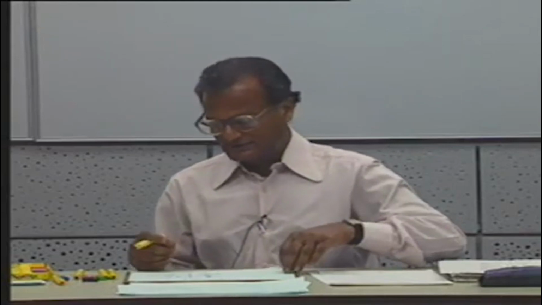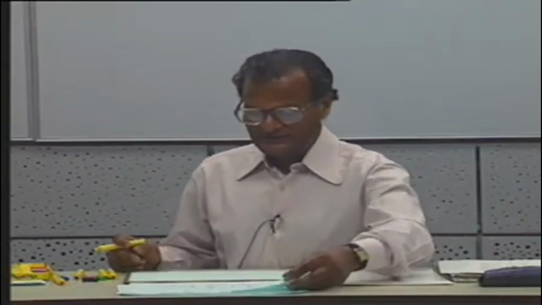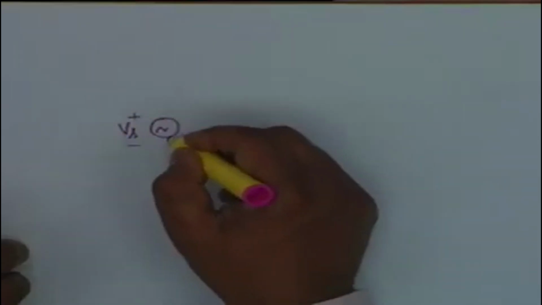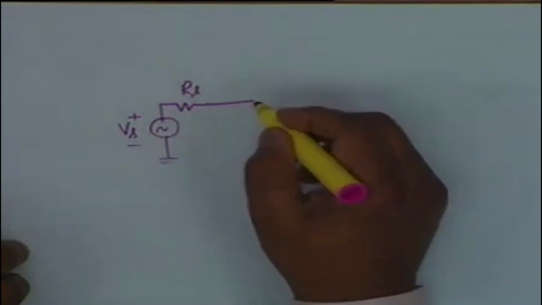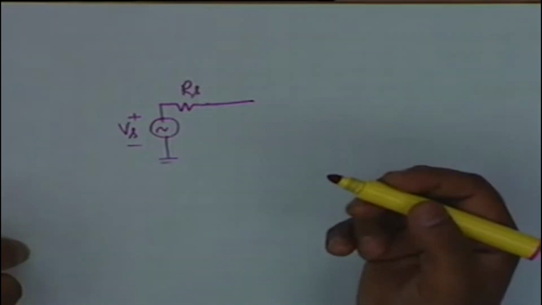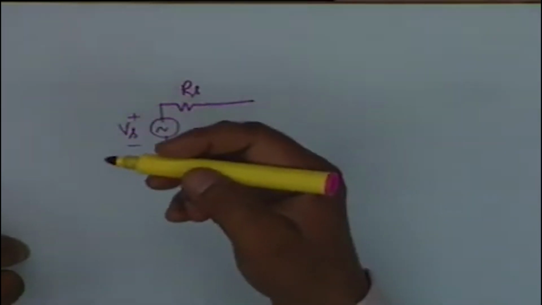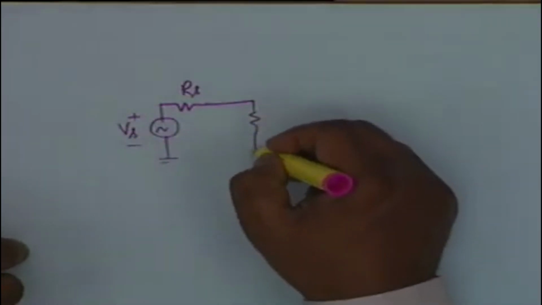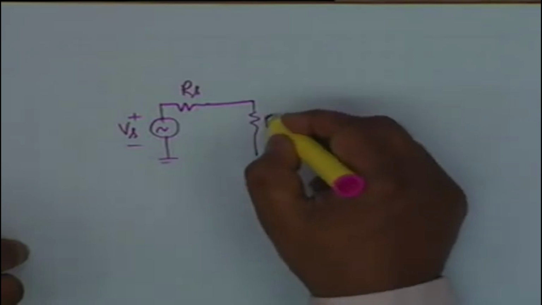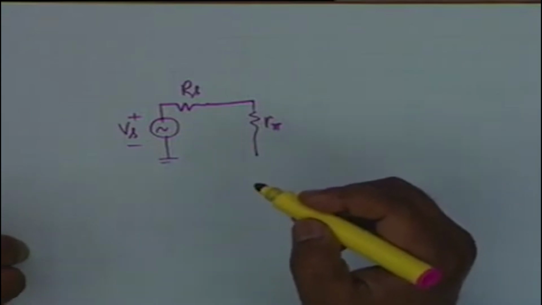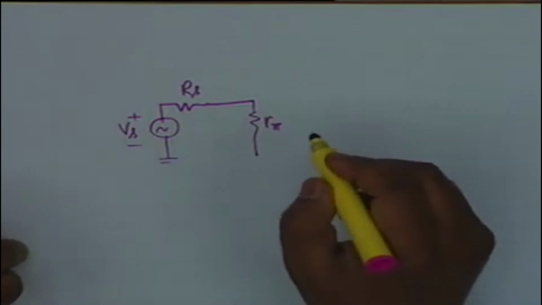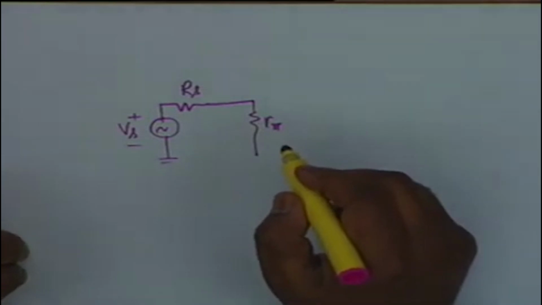That means feedback reduces the actual input applied to the transistor. And to analyze this, you draw the small signal equivalent circuit: Vs, then Rs, then you ignore Rb, R1 parallel R2, or include this in R pi. Now you cannot include it in R pi here. Why not? Because Rb does not come in parallel with R pi.